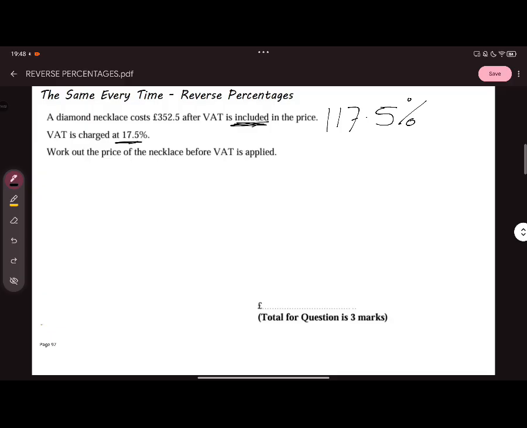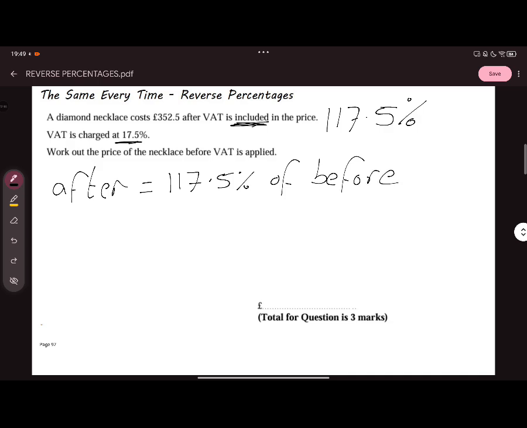So work out the price of the necklace before VAT is applied. So let's see. The after price is going to be 117.5% of the before price.